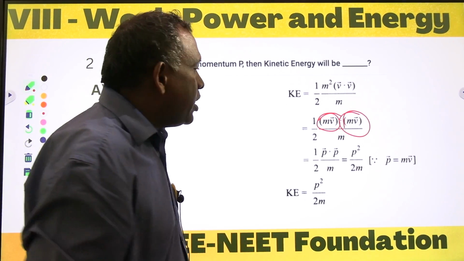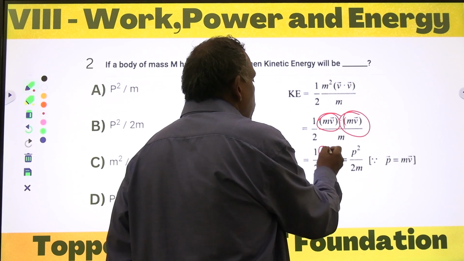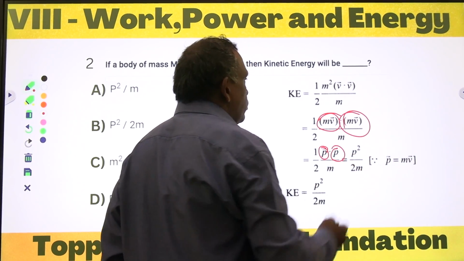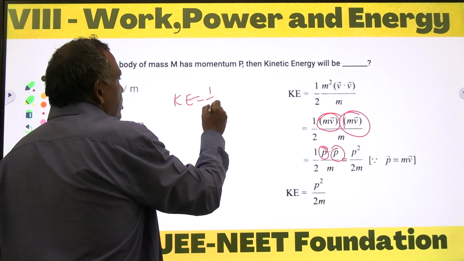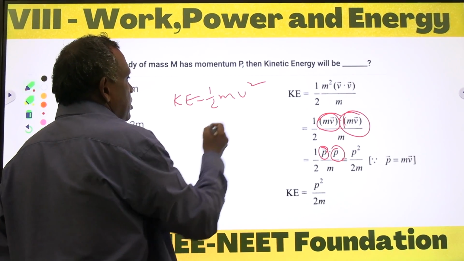So p into p, that is p square by 2m. Kinetic energy is equal to half mv square, and in a simple way you can write it like this.